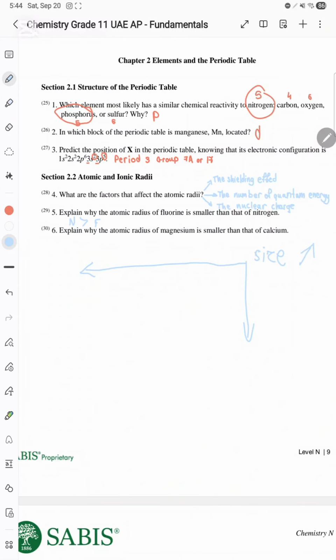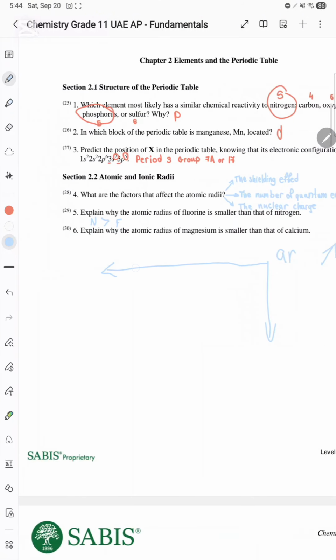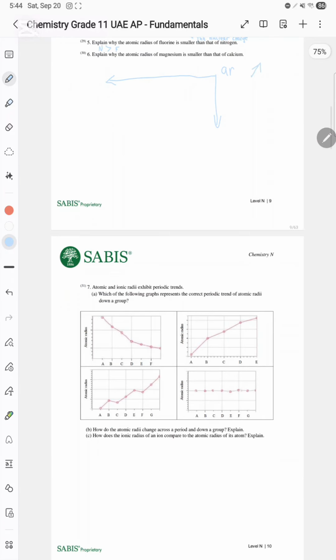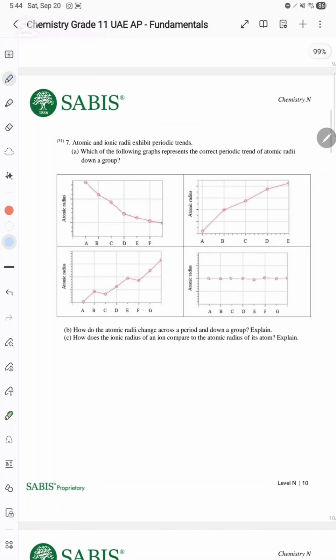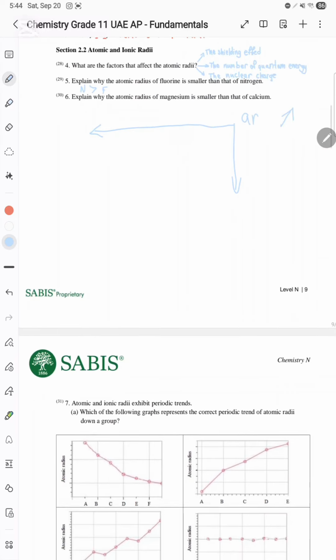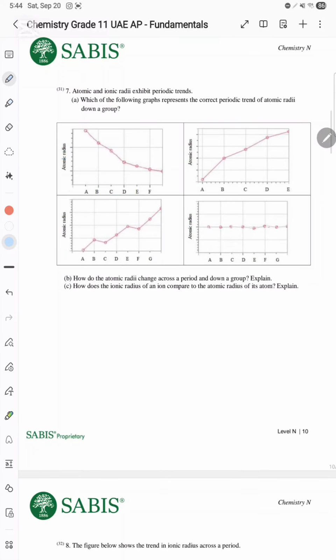The size of the radius, or atomic radius, actually let's call it AR, increases when you're going from right to left and from up to down. Now, question 7. Which of the following graphs represents the trend of atomic radius down a group? What did we say? When you're going down a group, atomic radius increases.